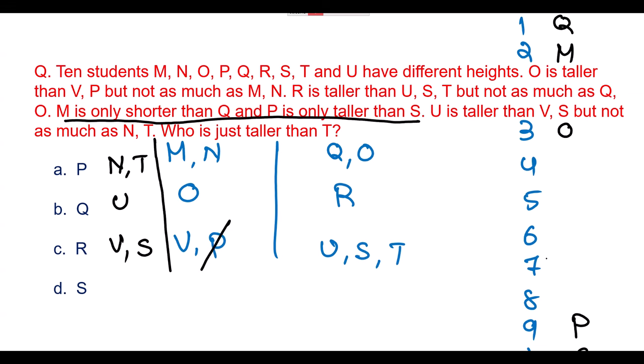Now we need R taller than U, S, T. If R is here, U, R, S, R, T, that we have to shuffle. Then the data is like N, T. There is one more: U is taller than V and S. So V must be somewhere. We are just doing trial and error, nothing more.